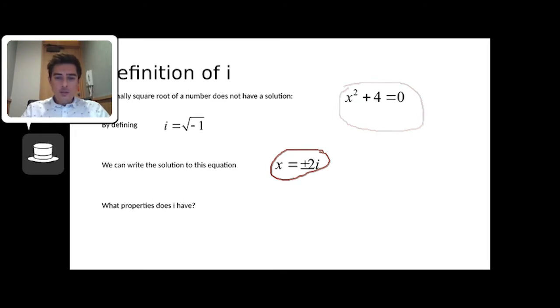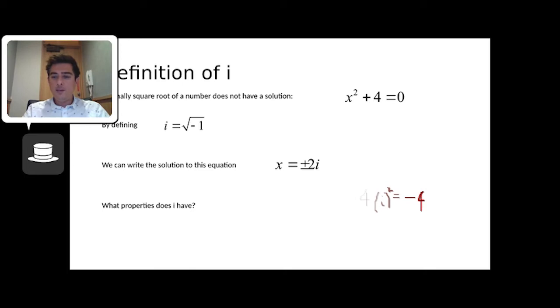If I square this solution, so this is x squared, then just like I had before with plus or minus 2, this thing should be equal to 4 times i squared, and i squared is equal to minus 1, so that has to be equal to minus 4.